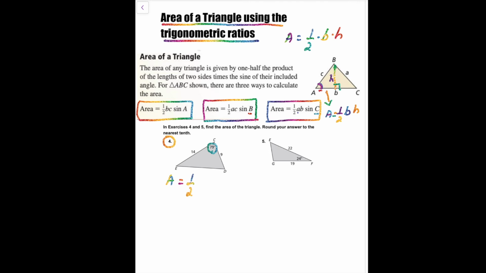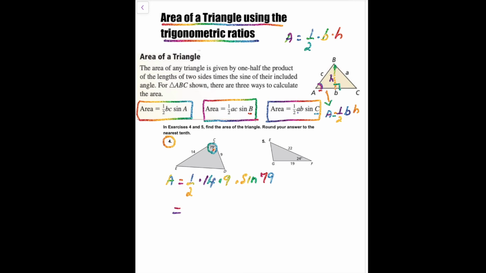So you need to get 1/2 of the other two sides, the sides not opposite to the given angle. So that is 14 times 9 times sine of that angle, which is 79. That will be your area.